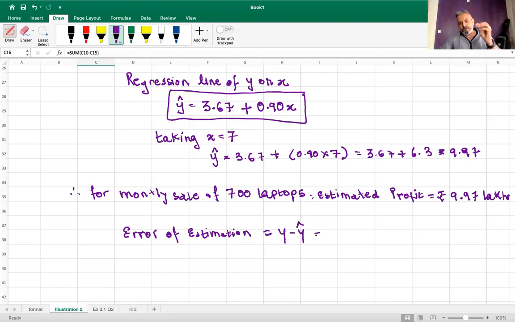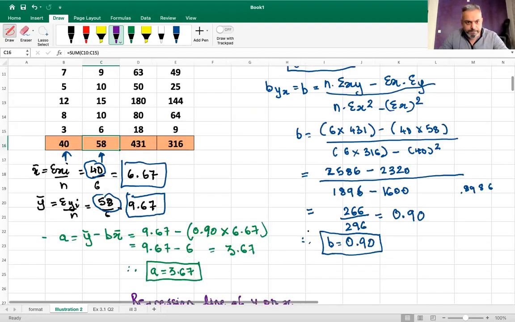Now let's check what was the actual profit when we sold 700 laptops.